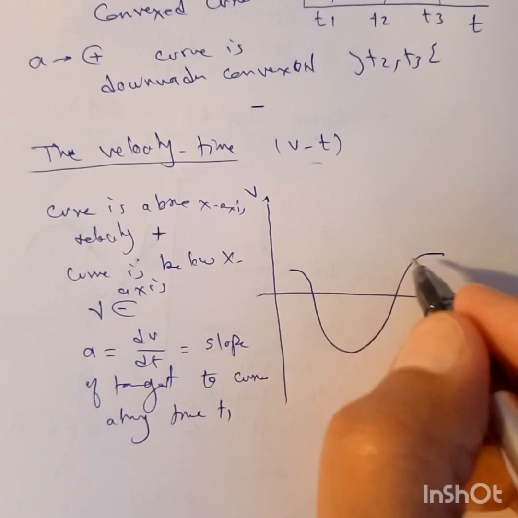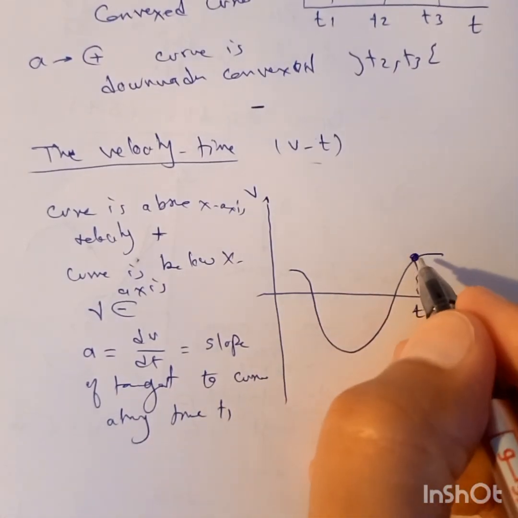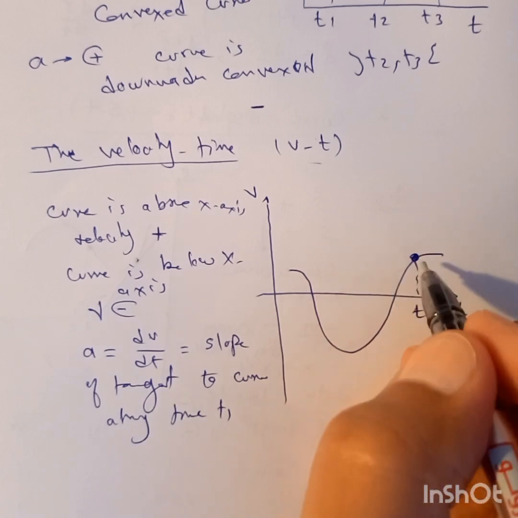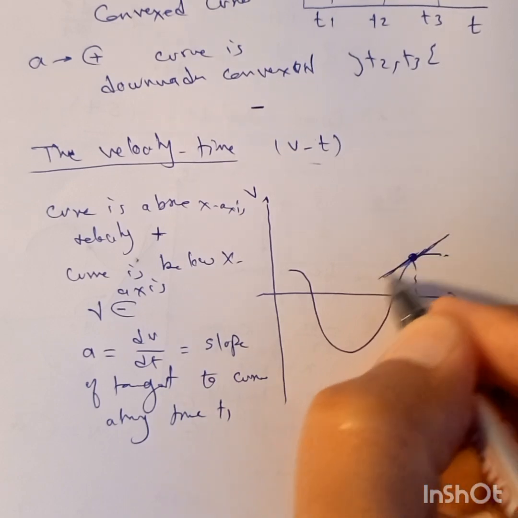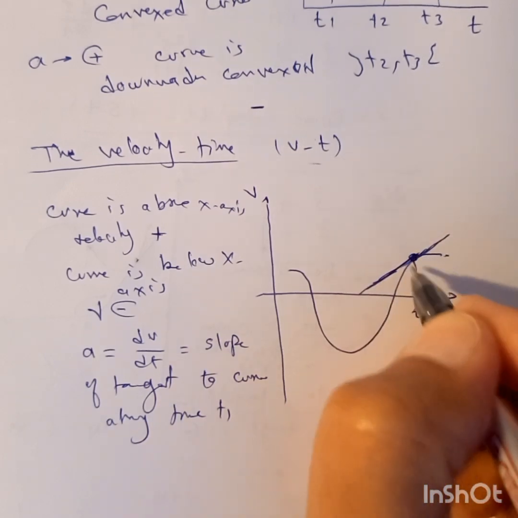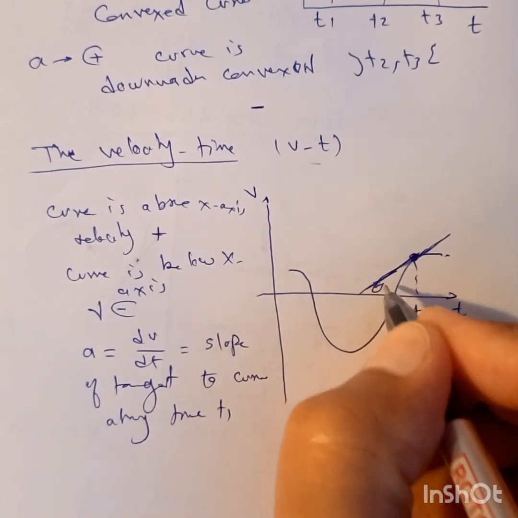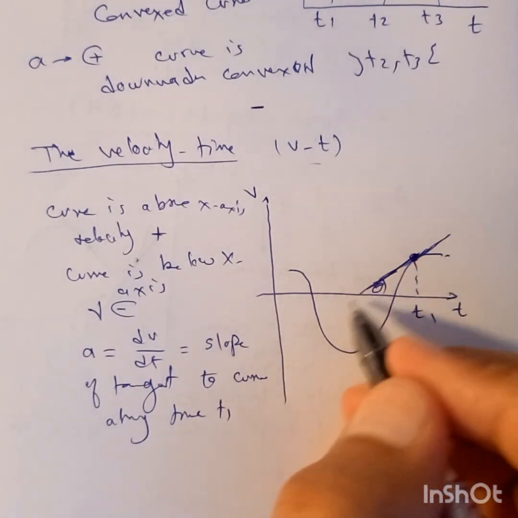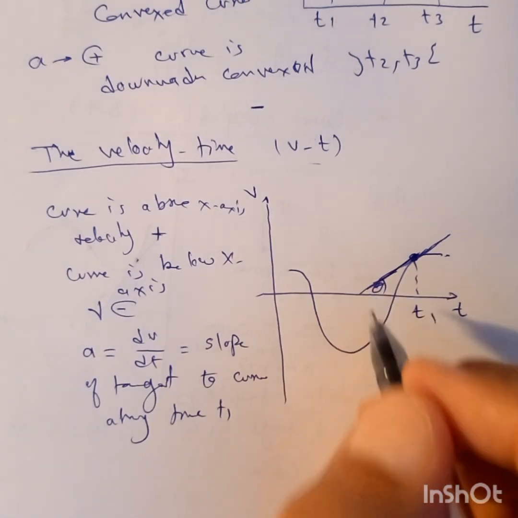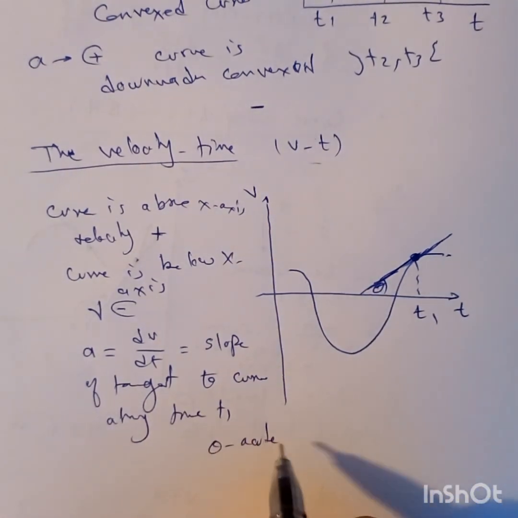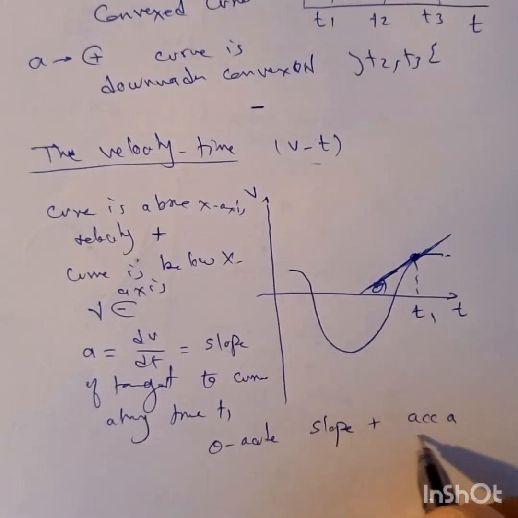To find the acceleration of the motion of this body at this moment t1, we draw the tangent to the curve at t1, and we check the angle made by this tangent with the positive direction of the x-axis. If this angle theta is acute, then the slope of this tangent is positive, and consequently acceleration a is positive as well.